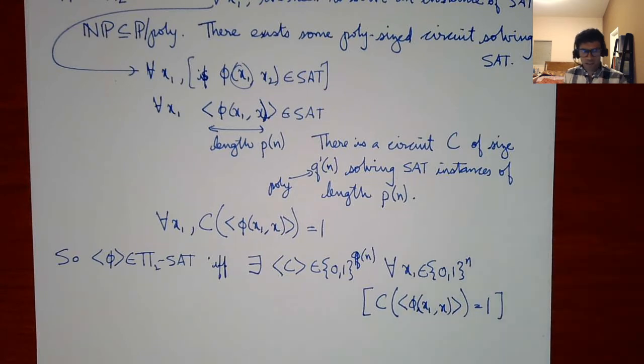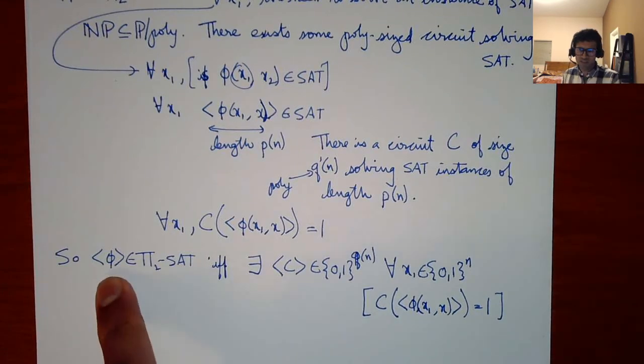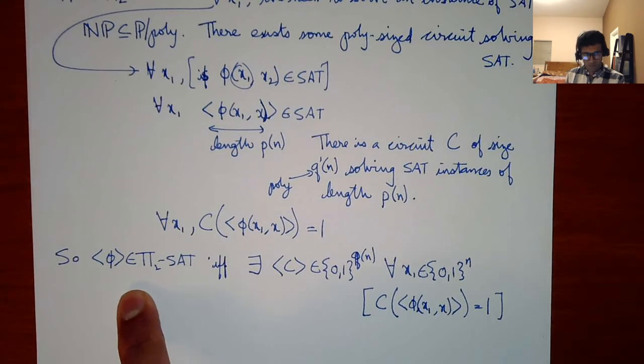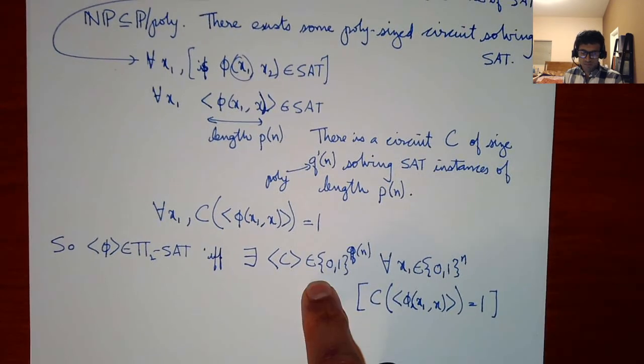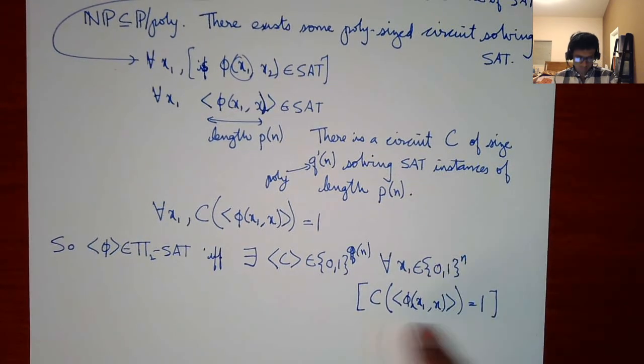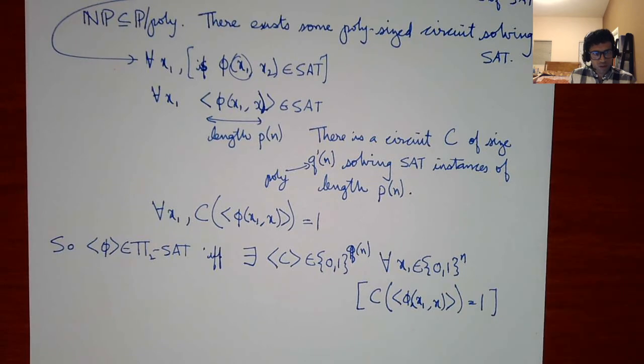So one part actually is legit. The legit part is: suppose phi is in pi 2 sat. Then we know that there exists this circuit and all of this works out. What if phi is not in pi 2 sat?